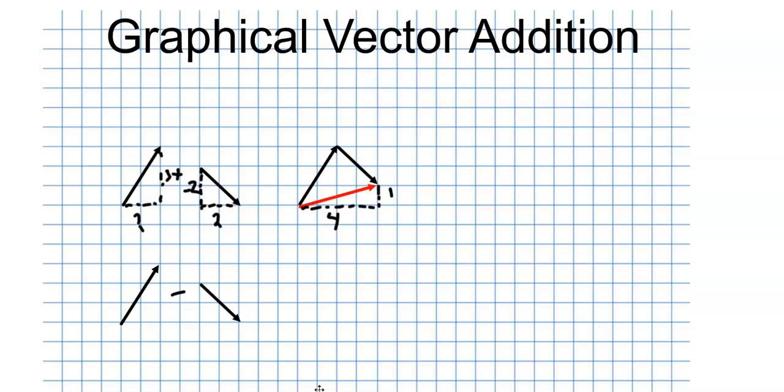Alright, when you subtract a vector, you reverse the direction completely by 180 degrees. And that's going to essentially mean when you're adding them, okay, this one will stay the same.